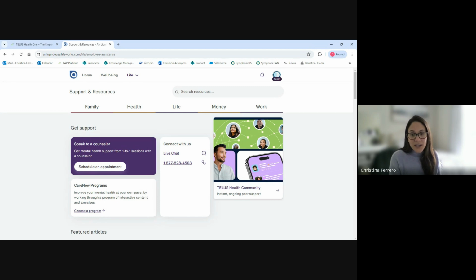So all they have to say is that they live within the household of you as the employee, because that way our team cross checks that they are a member or employee of Air Liquide to then be able to receive services. So whether that's your email or any kind of credentials that can identify you as a working employee of Air Liquide, that's all they would need to know. Great question.